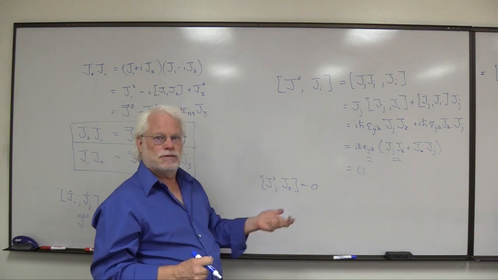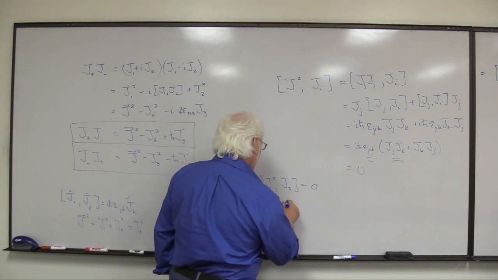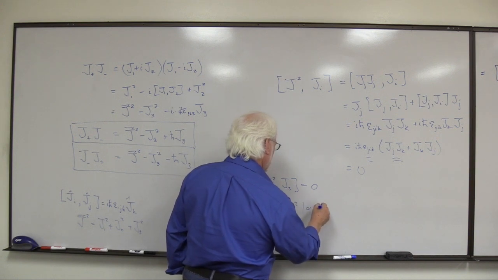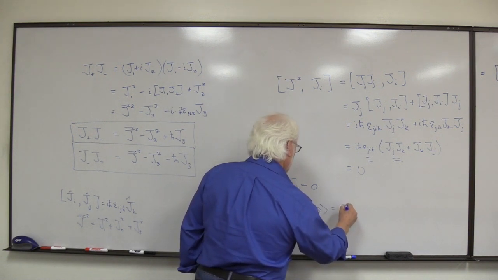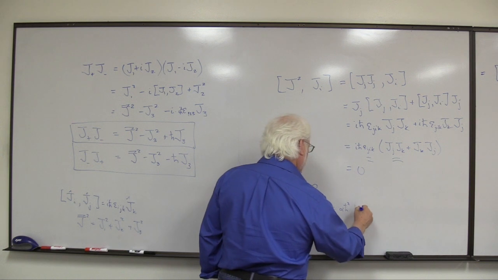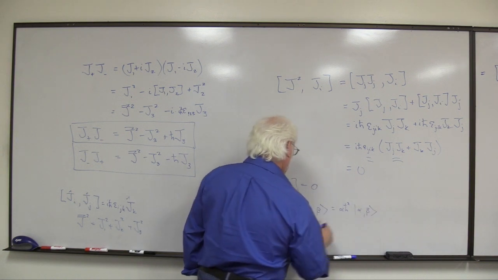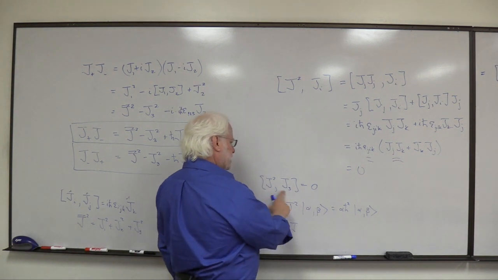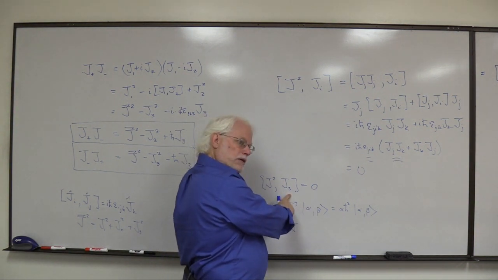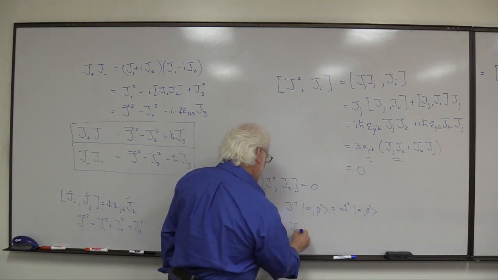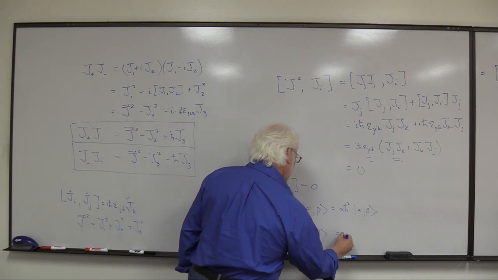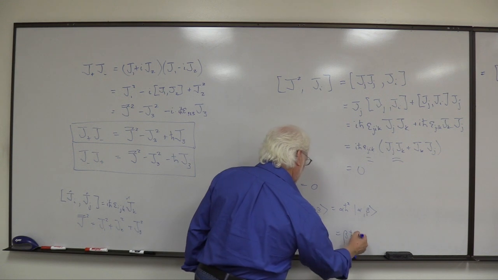So this is a maximal set. So we define eigenstates, alpha h bar squared. The h bar squared just keeps the units right. So we define simultaneous eigenstates of these two commuting operators. And so we assign alpha and beta as the eigenvalues.